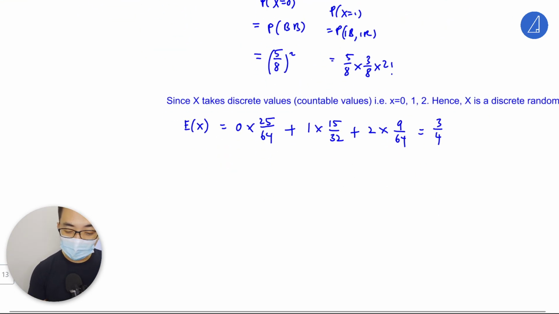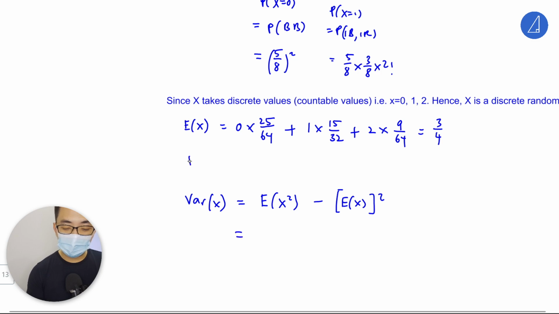Whereas for variance, you use this formula: expectation of X squared minus the square of expectation of X. And expectation of X squared is just squaring each data point.